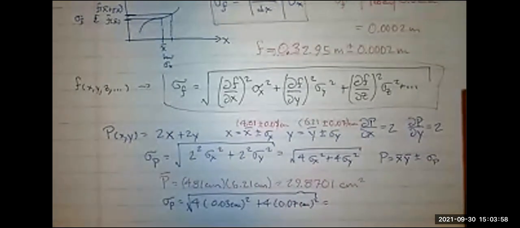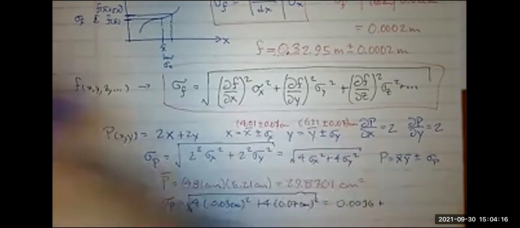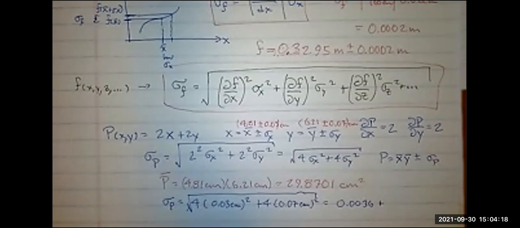So 0.03 squared is 0.0009, times 4 is 0.0036, plus 0.07 squared is 0.0049, and then times 4 is 0.0196.